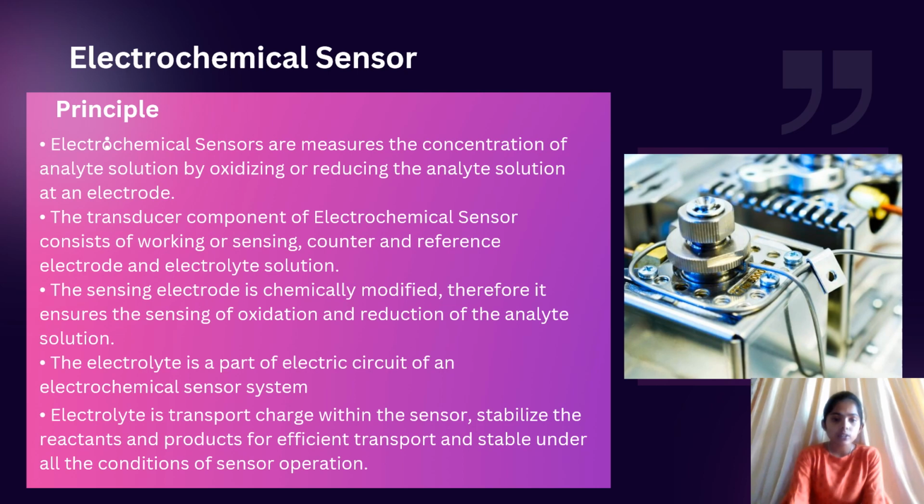The sensing electrode is chemically modified, therefore it ensures the sensing of oxidation and reduction of the analyte solution. The electrolyte is a part of the electric circuit of the electrochemical sensor system. The electrolyte transports charge within the sensor or stabilizes the reactants and products for efficient transport, and is stable under all the conditions of sensor operation.